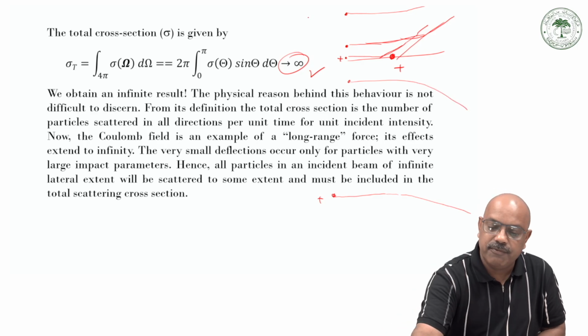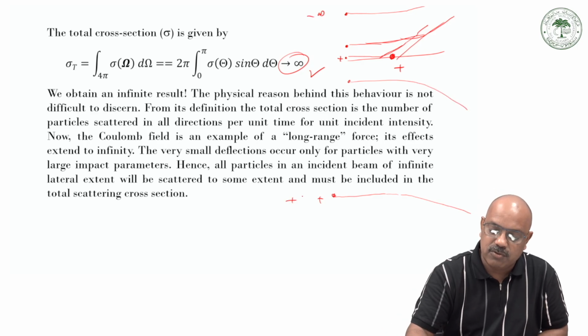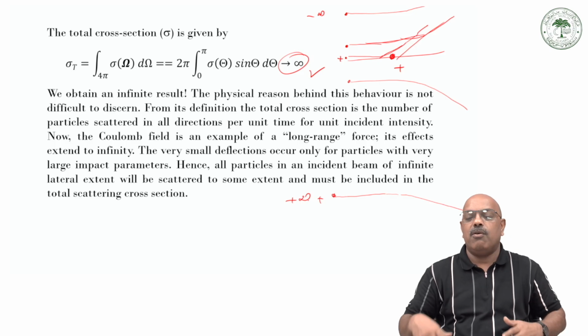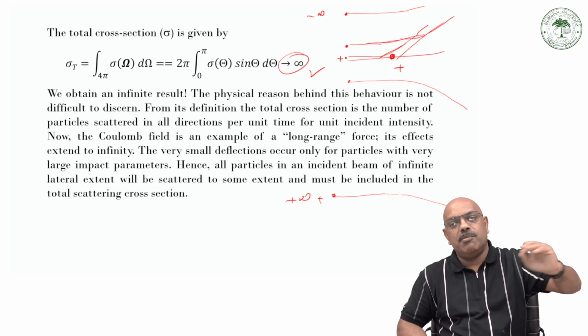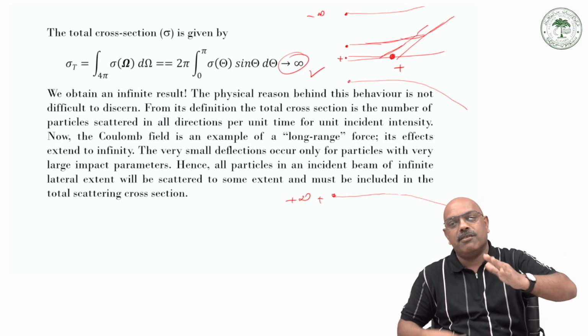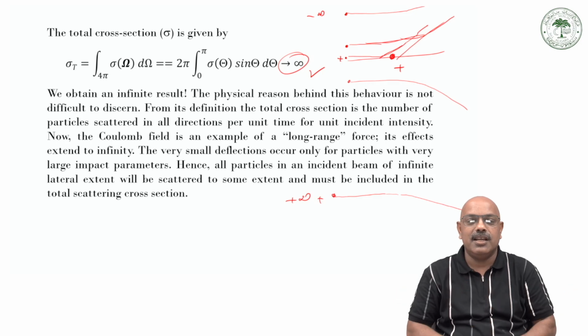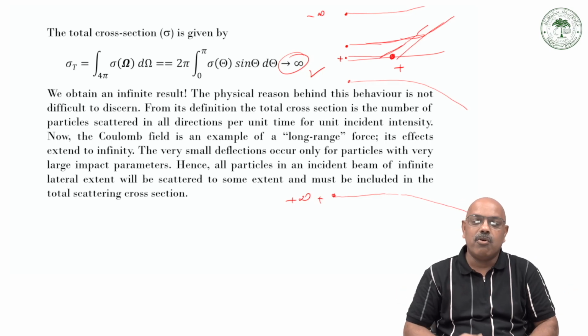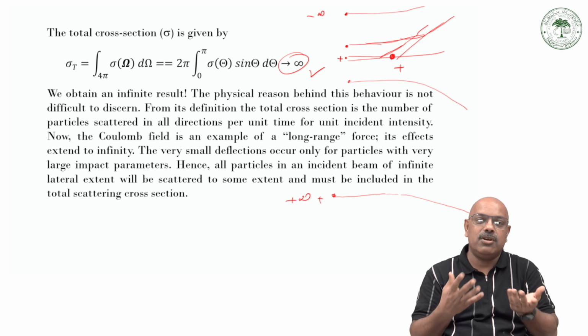So if you take from minus infinity to plus infinity, all the charged particles in this field, if you integrate overall, they are going to contribute to the scattering cross section. That's why it's going to be infinite.